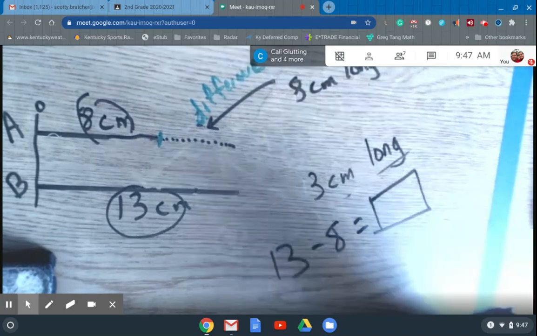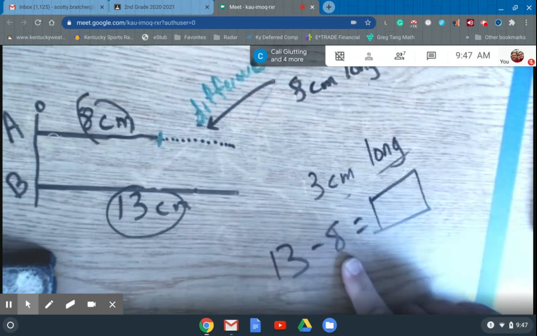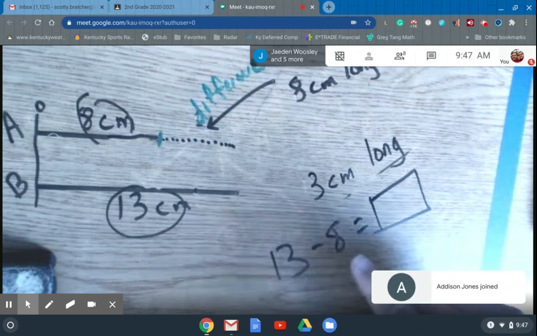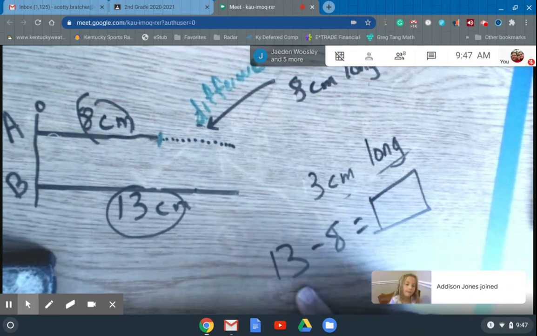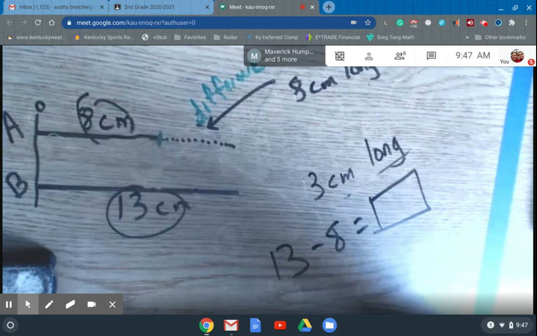So let's pretend that I've got $13 and I want to give $8. Let's say I'm going to give $8 to Gracie. Okay? And I've got $13. Can I give $8 to Gracie? Thumbs up if you say, yep, I could. Yep, I could. Okay. All right.